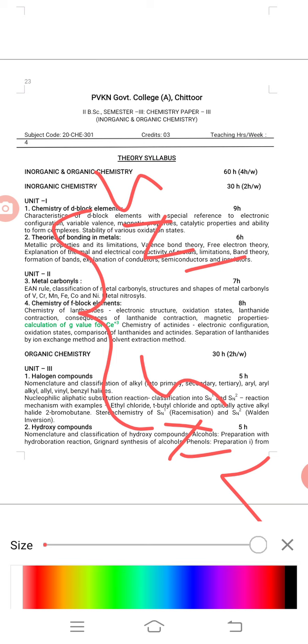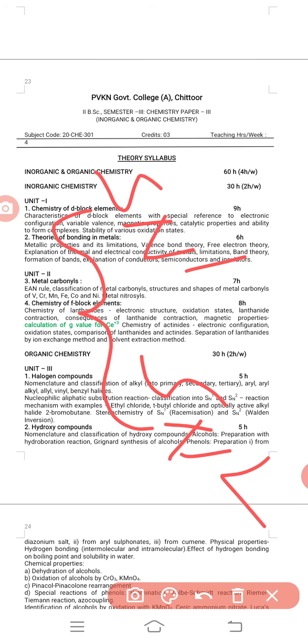So those are the organic chemistry of halogen compounds. Next, what are hydroxy compounds? In the next class I will discuss what hydroxy compounds are and how many types there are: primary, secondary, tertiary hydroxy compounds, alcohols and phenols.